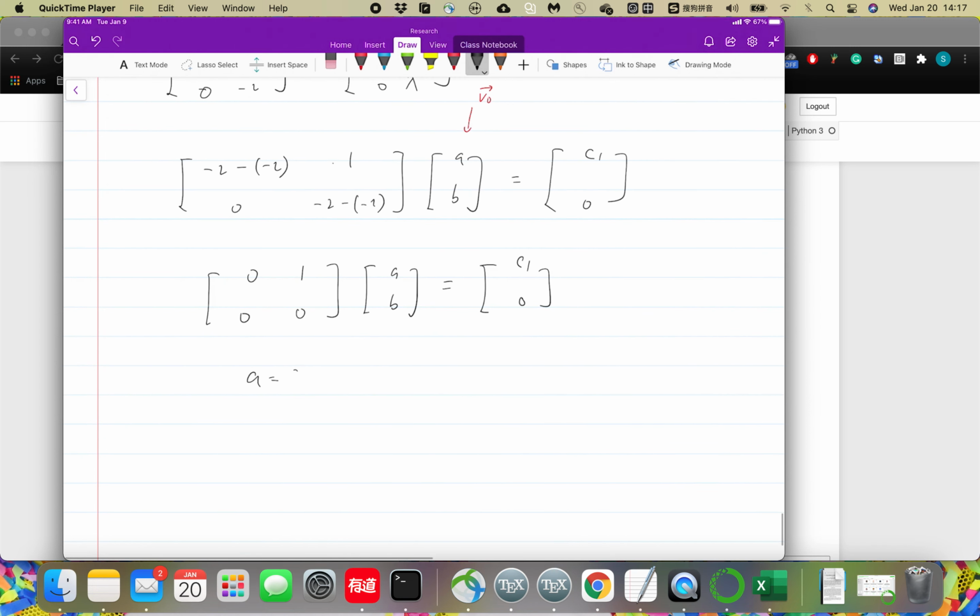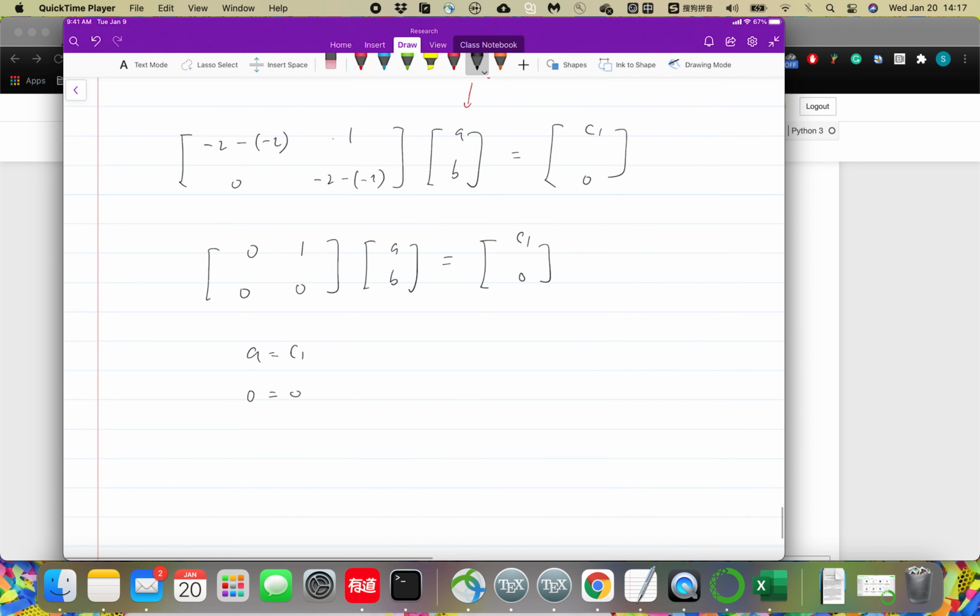This implies 0 equals 0, and A equals C1, B equals... This basically implies V0 equals A, B, but then your A has to be replaced by C1, which is determined by V1. Your B here can change for free because there's no restriction on B.